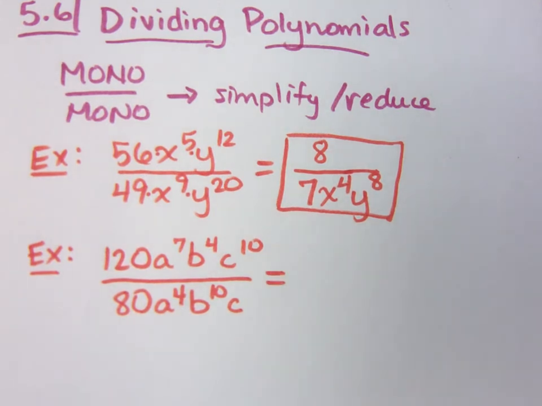All right, 120 a to the 7th, b to the 4th, c to the 10th, all over 80 a to the 4th, b to the 10th, times c. Do it just like the last one. Reduce those coefficients because we can. How would you reduce those guys?